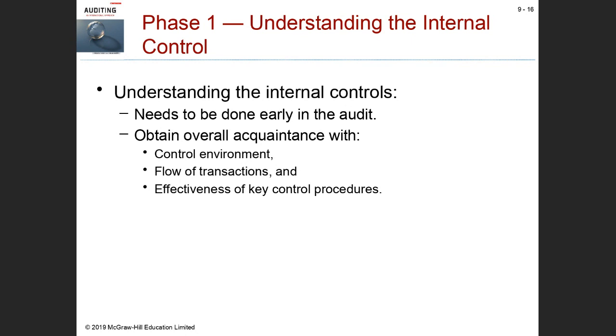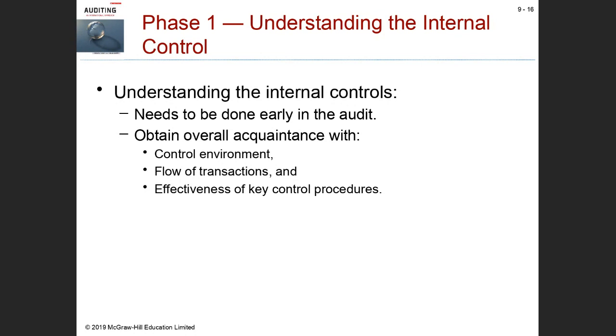Now, a word is used here in the PowerPoint. You see it says key control. We mentioned earlier today that management, in fact, has many internal controls. The auditors, however, only select a small number of those internal controls to rely on during the conduct of their audit. So even in the audit of a very large company, the number of key controls that the auditor would rely upon would typically be in the range of 25 or so, maybe 30 internal controls.